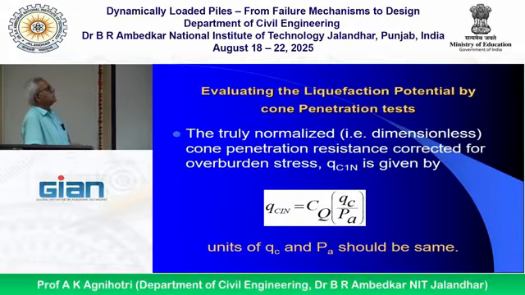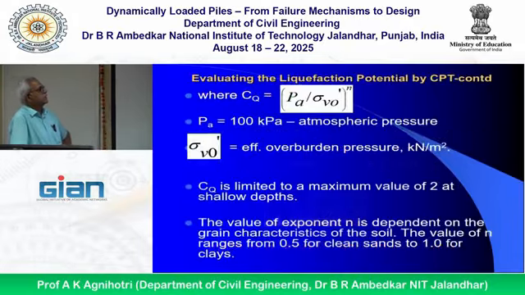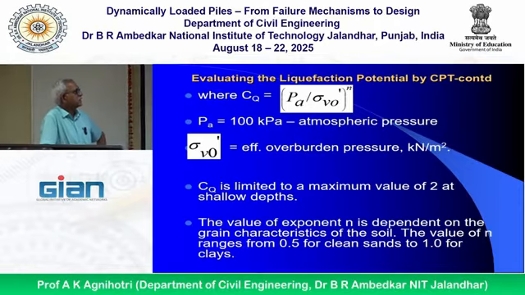Now this CQ will be calculated from this equation, PA upon sigma V0 dash raised to power N, where N is normally taken as 0.5. So sigma V0 dash, as earlier, is the effective overburden pressure in kilonewton per square meter, and PA is 100 kPa atmospheric pressure.